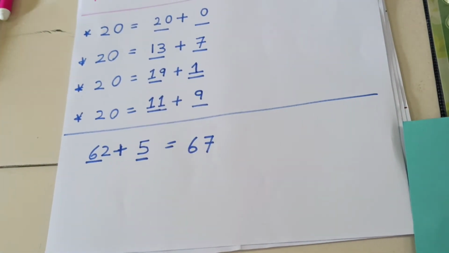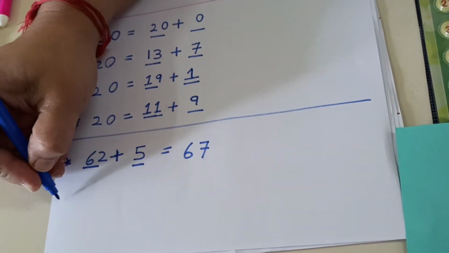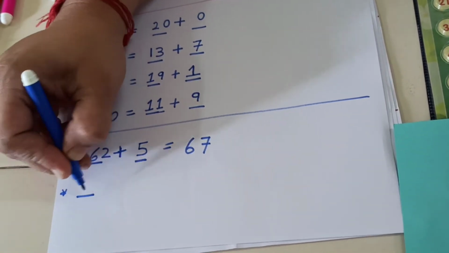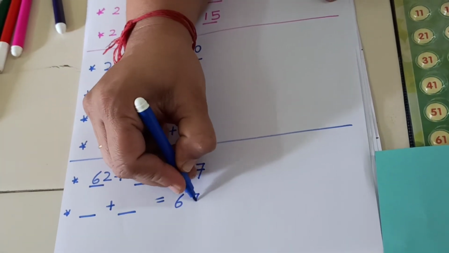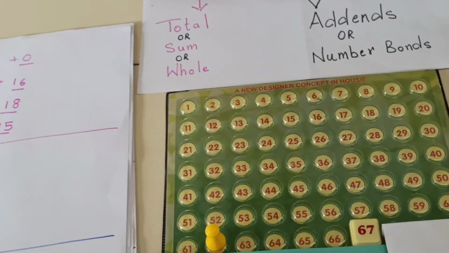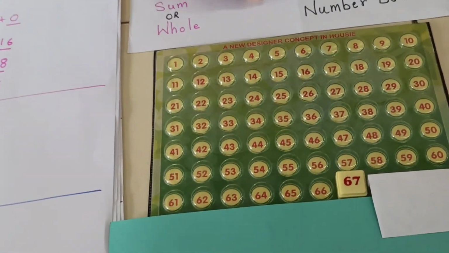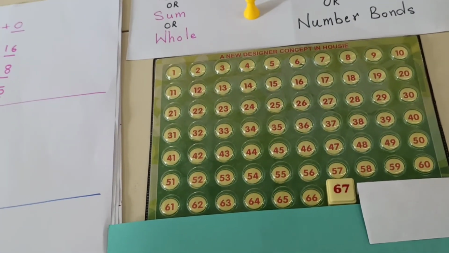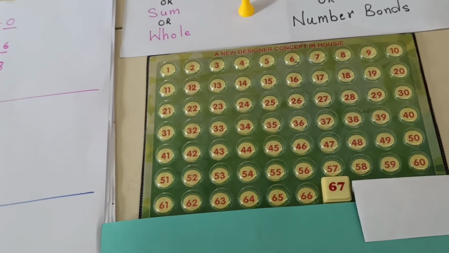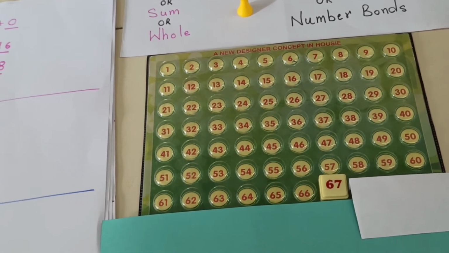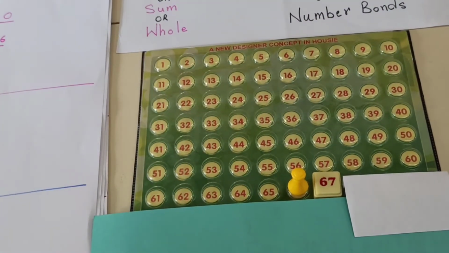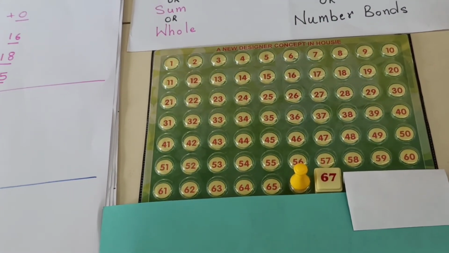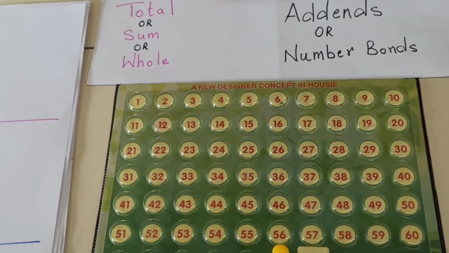I got one combination. Now, can you give me another combination, teacher? Yes. Okay, I'm going to remove this. Tell me, where should I place this? I also want one bigger number, so place it on 66. Oh, 66. A competition between us. Okay, now what should I do?